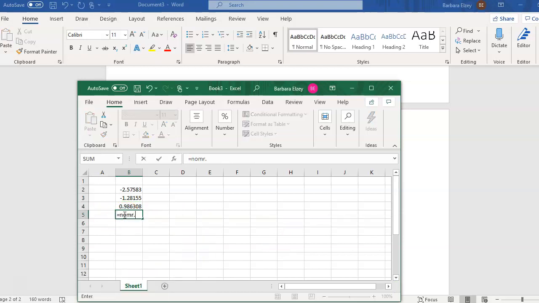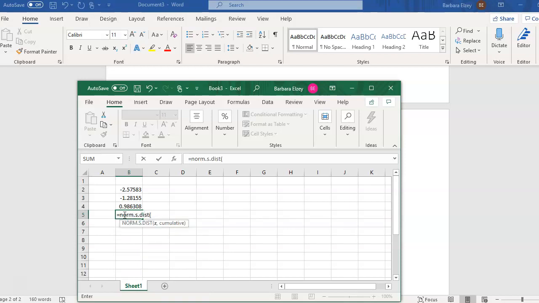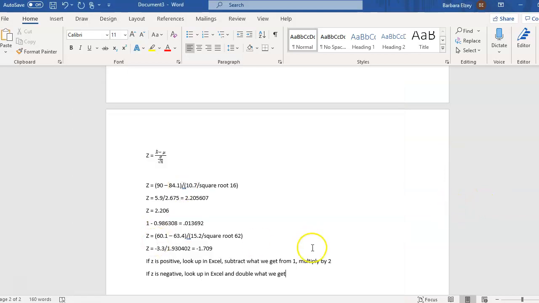Equal norm.dist. And we want to put negative 1.709 in true. And it gives me this, and I am going to copy and paste that back here. All right, so I said we want to double this for our p-value.